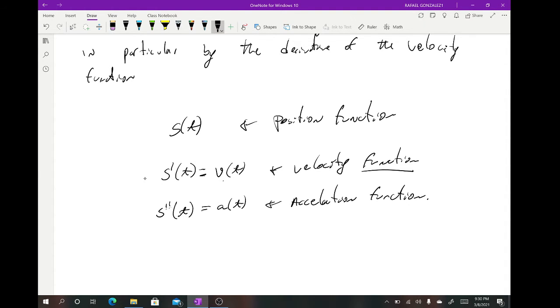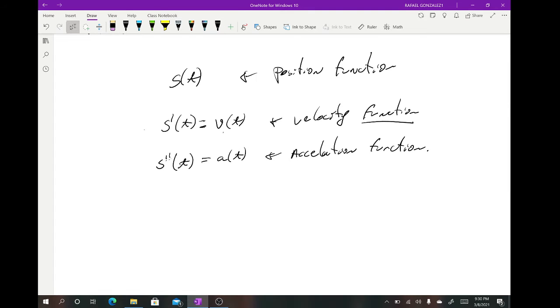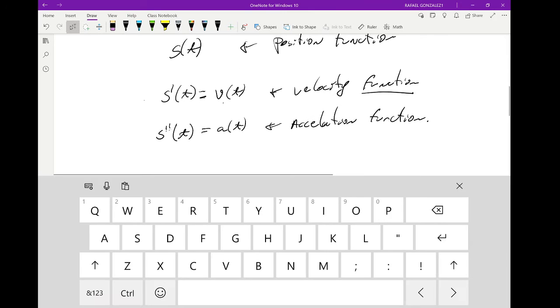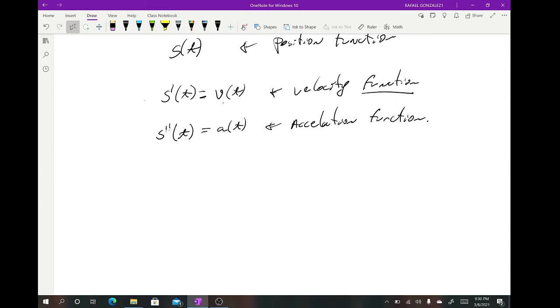So if you take the derivative once of a position function, you get the velocity of the object, and if you take the derivative again, then you get the acceleration function. This function a of t we call the second derivative.